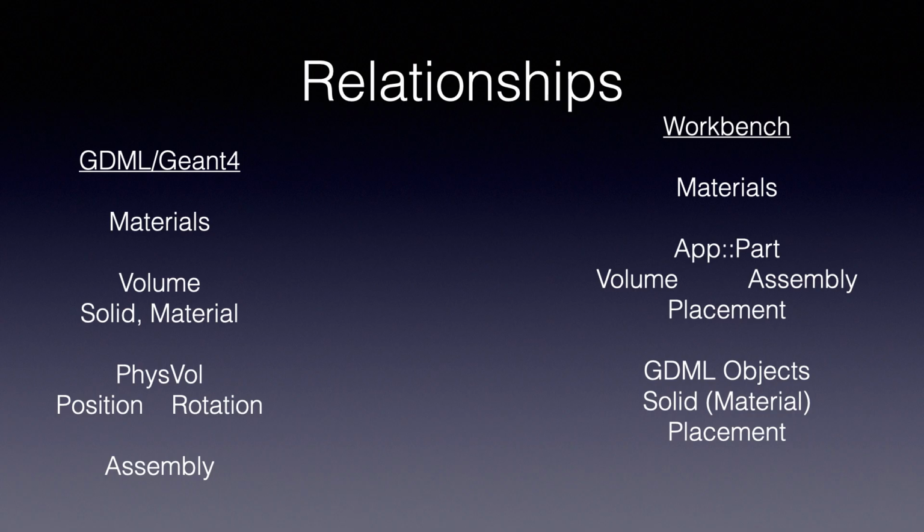Note that with parts there is a placement, which is basically position and rotation in FreeCAD terms, and the GDML object can also have a placement, which is position and rotation. When you go to export, then the export sorts out the requirement for physical volumes and adjusts the placements to make the right physical volumes with position and rotation. So what you see in FreeCAD should also be what you see when you import the geometry into Geant4.